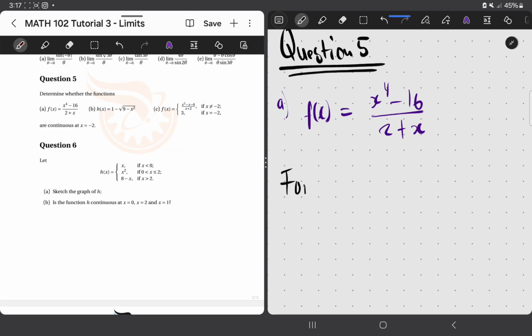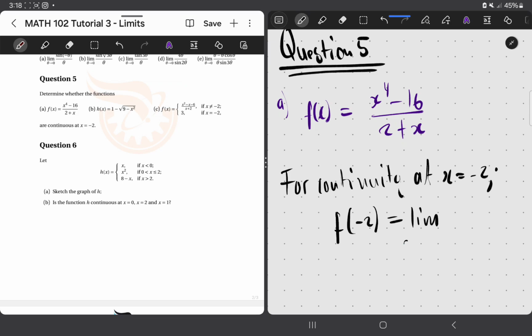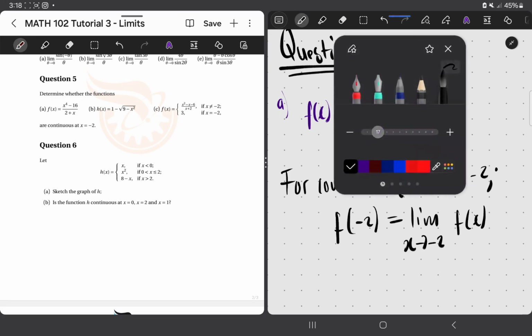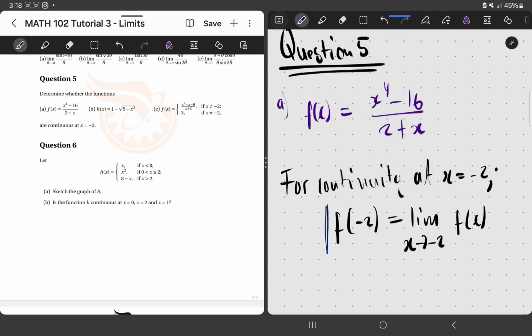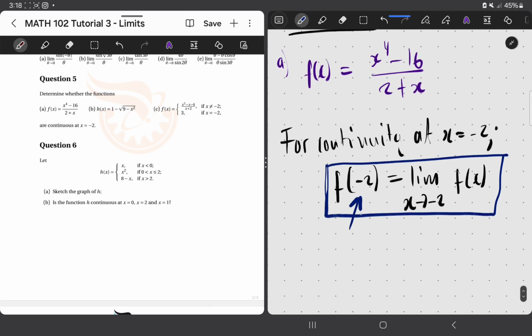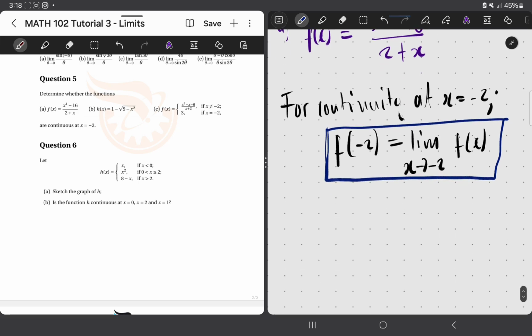So we can now write, for continuity at x equal to -2, f of -2 should be equal to the limit as x approaches -2 of f of x. This is the equation. Honestly, that's all you do. So you should find f of -2 and find this limit. And if they're the same, then you have continuity, okay?